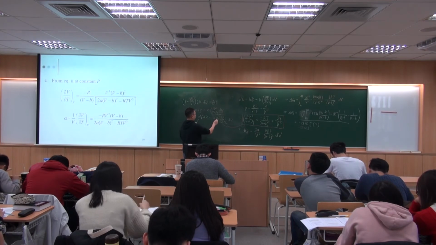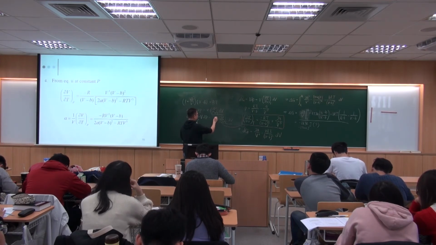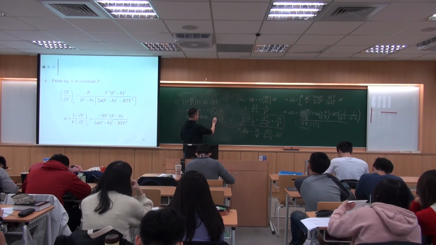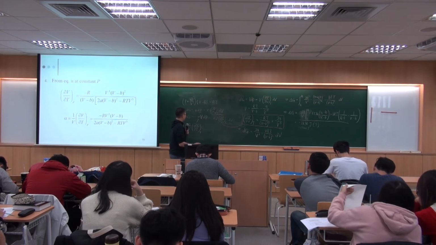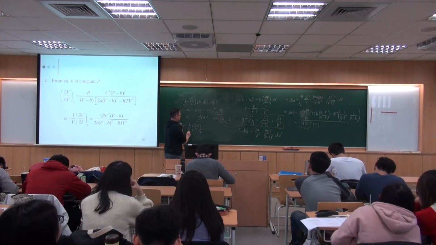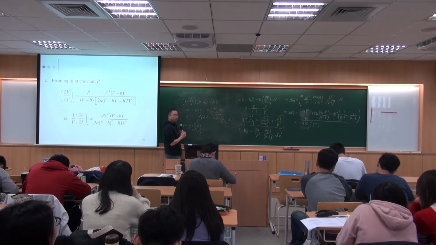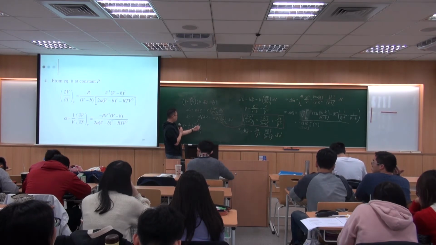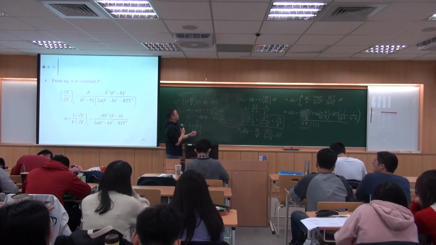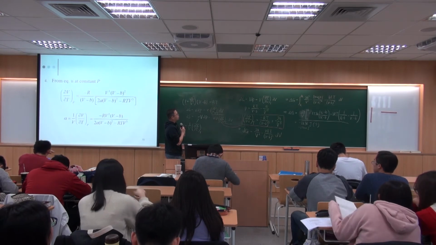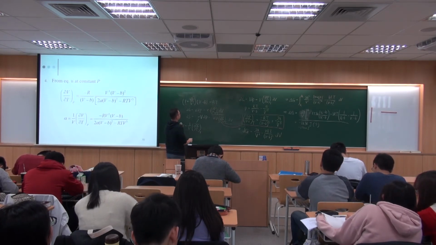And we have a volume here. We'll save that. But more importantly, we need to know how to calculate alpha. This is the isobaric expansion coefficient, thermal expansion coefficient of that gas. So we need to calculate partial V, partial T based on what we have.